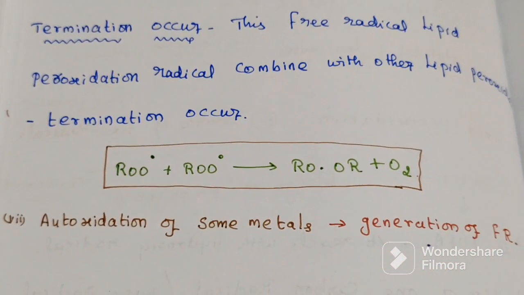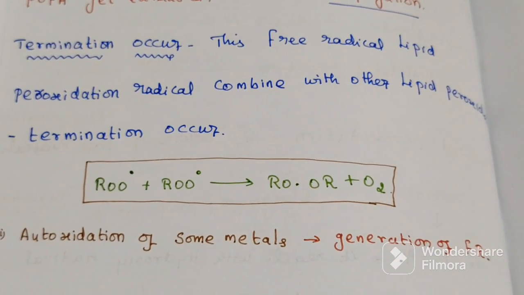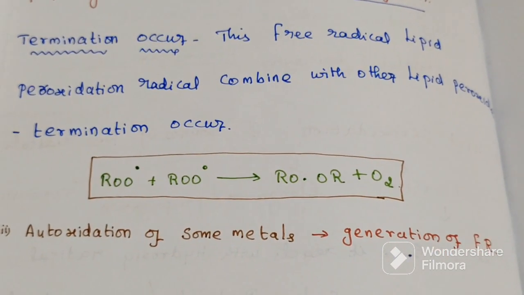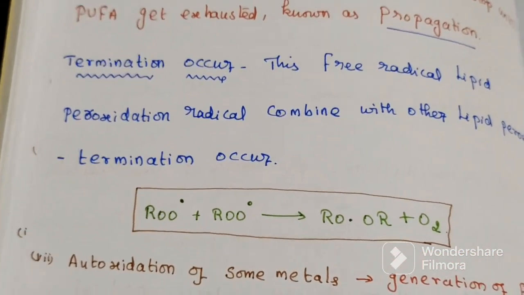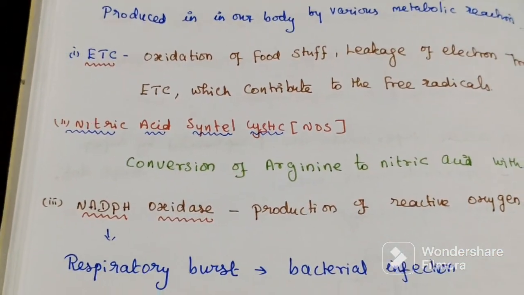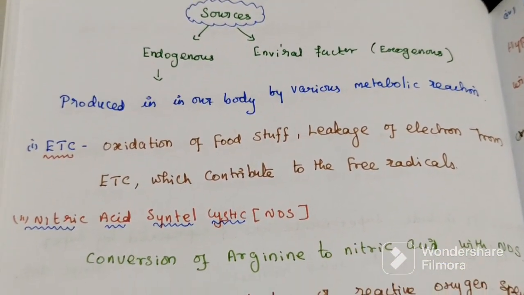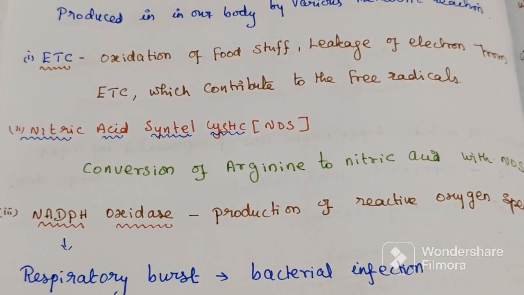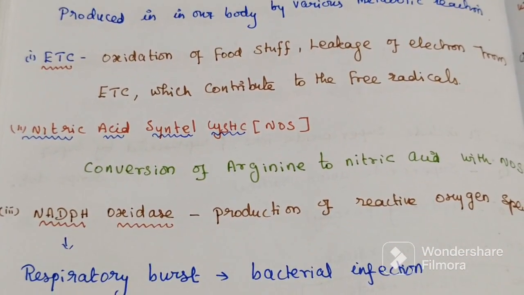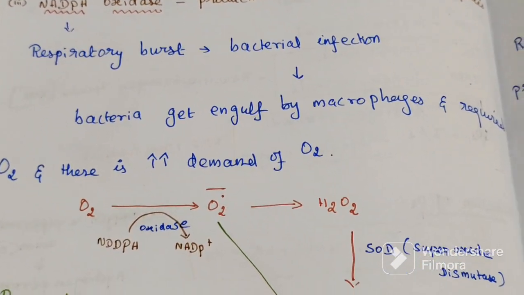Seventh one is auto oxidation of some metals. There is generation of free radicals. So totally, the endogenous sources: first one is electron transport chain. Second one is nitric oxide synthase, then NADPH oxidase.